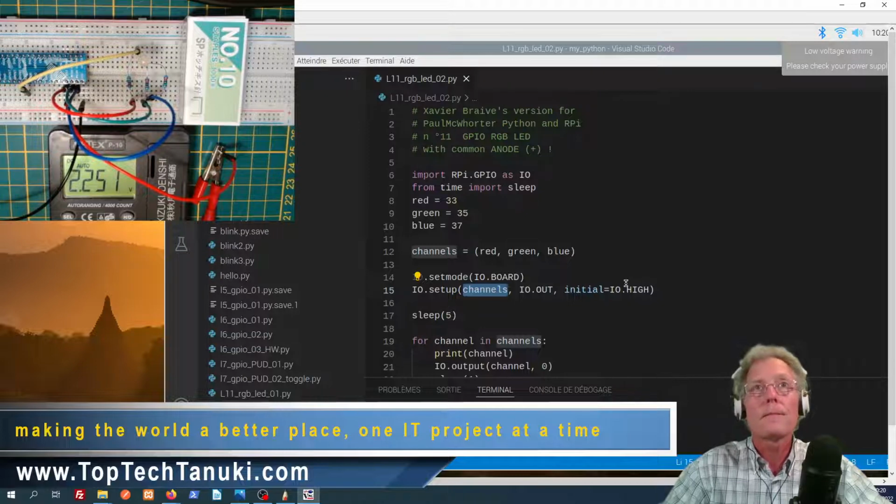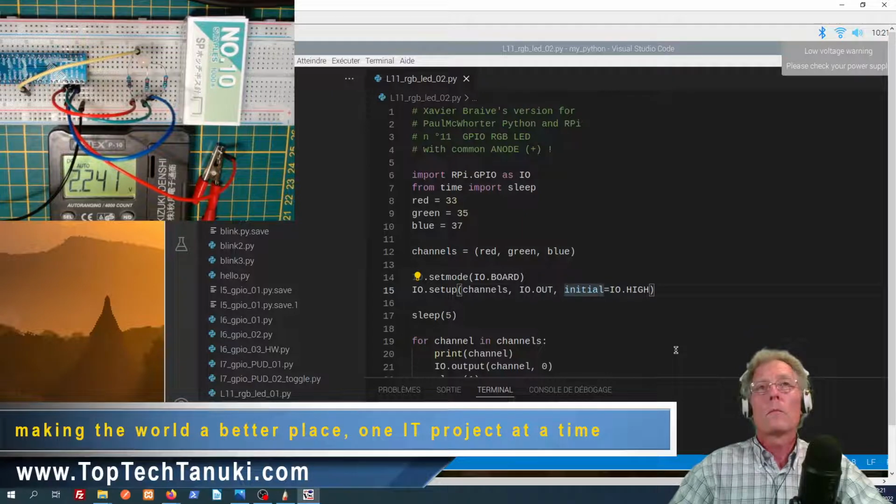And the initial state will be high for all those pins. As I said, high state will be equivalent in our case to a non-signal.